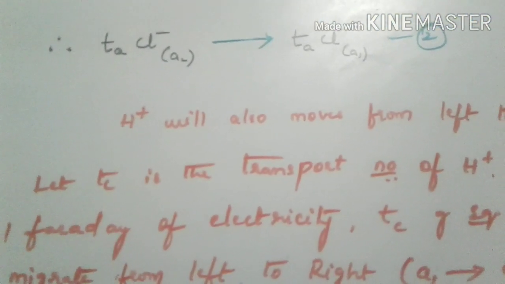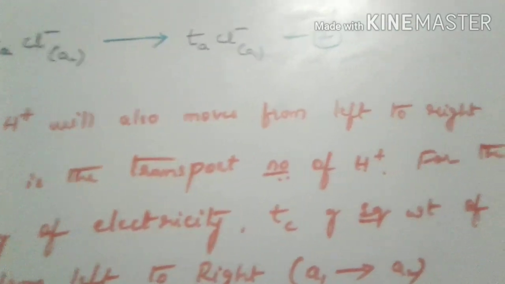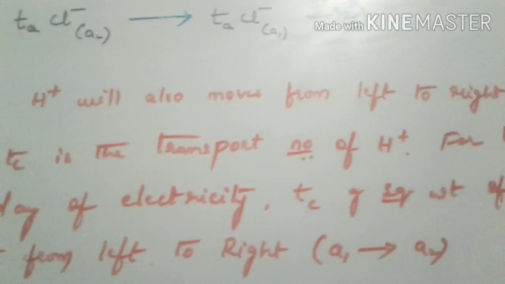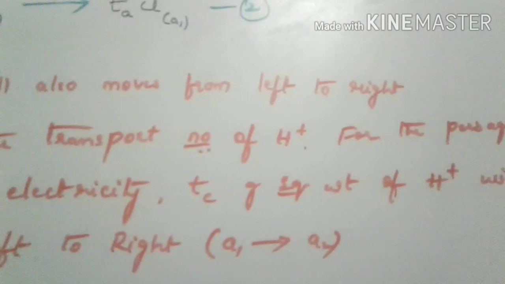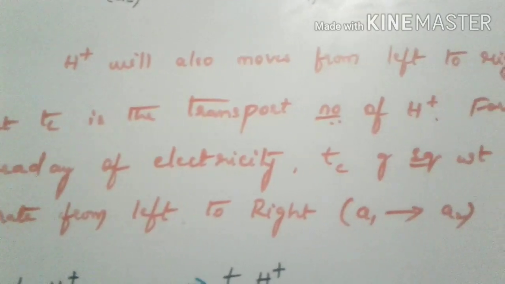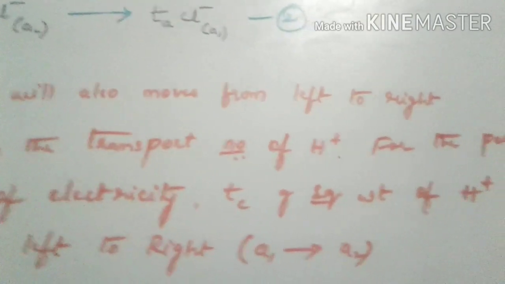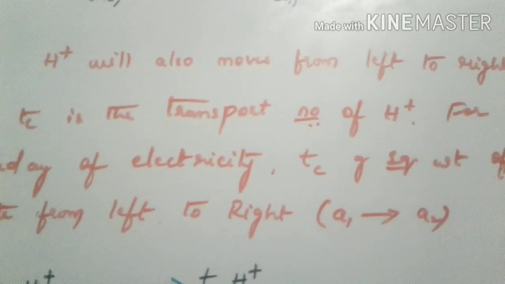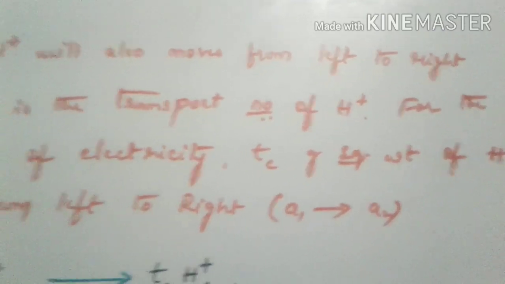Similarly, the H plus ions will also move from left to right. Let Tc be the transport number of H plus. For the passage of 1 Faraday of electricity, Tc gram equivalent weight of H plus will migrate from left to right, that is from concentration A1 to A2.